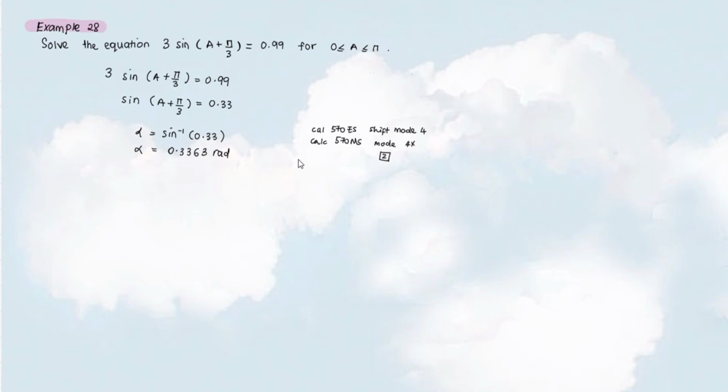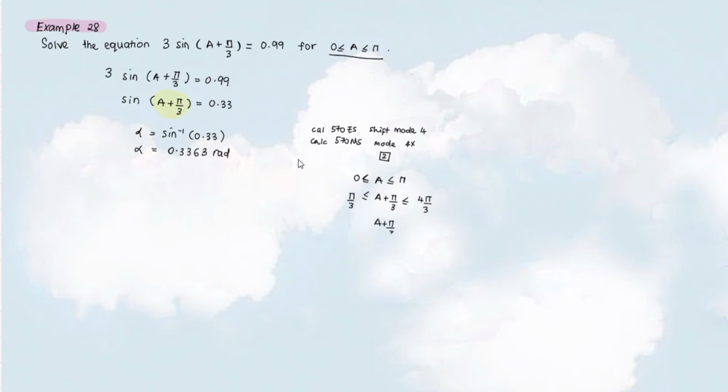Let's continue. Check the range from 0 to pi for A, but from the question the angle is A plus pi over 3, so we have to modify the range. So A plus pi over 3 goes from pi over 3 to 4 pi over 3.